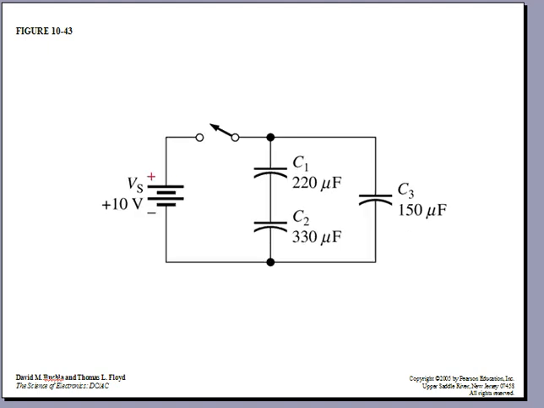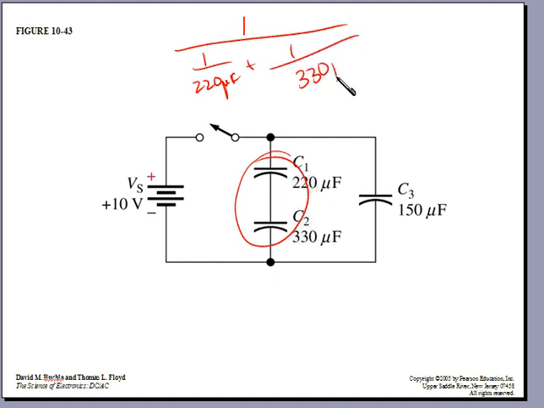That's similar to the one we just did here. Total capacitance here is, I have these two in series, so it will be 1 over 220 micro plus 1 over 330 micro, which is 132 micro.